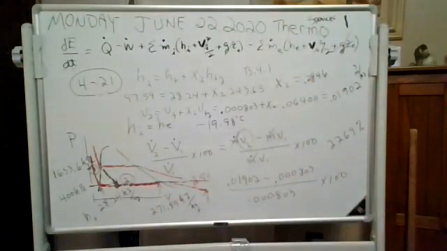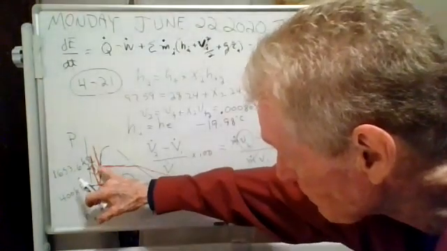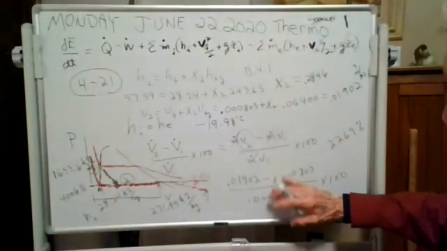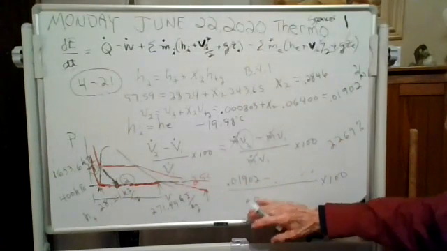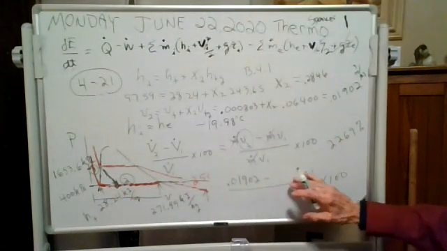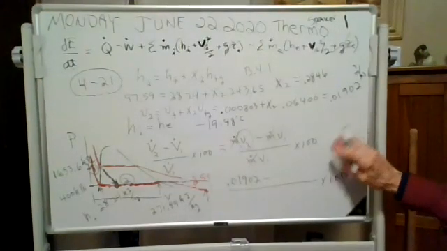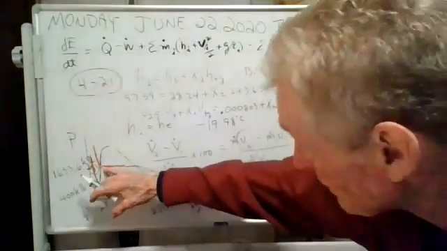I don't want the specific volume here. That's not state 1. State 1's up here. So this number is not right. Let me get the right number. So I goofed up there. That's not the right answer. What we need is the specific volume at state 1.